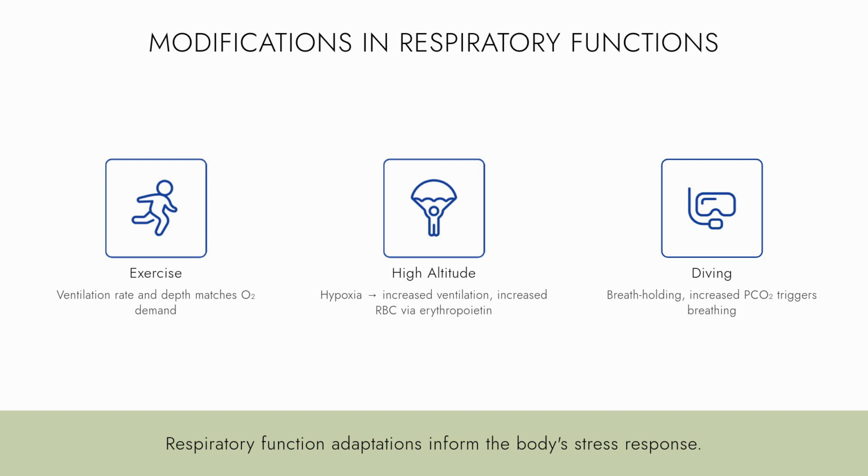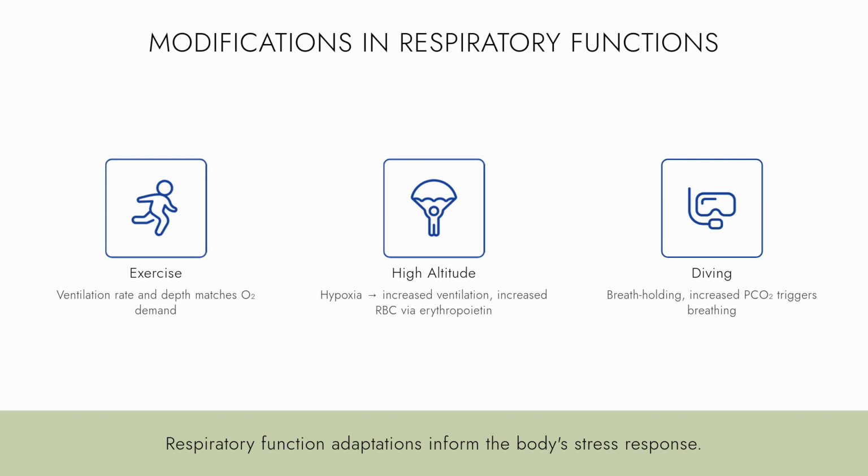Modifications in respiratory functions. The respiratory system adapts to demand. Exercise and stress increase ventilation to meet O2 needs, driven by CO2 and H+ detection. At high altitude, hypoxia boosts ventilation and red blood cell production via erythropoietin, compensating for low PO2.